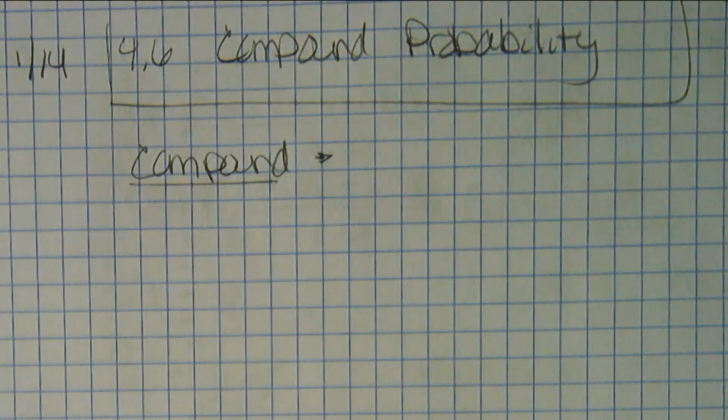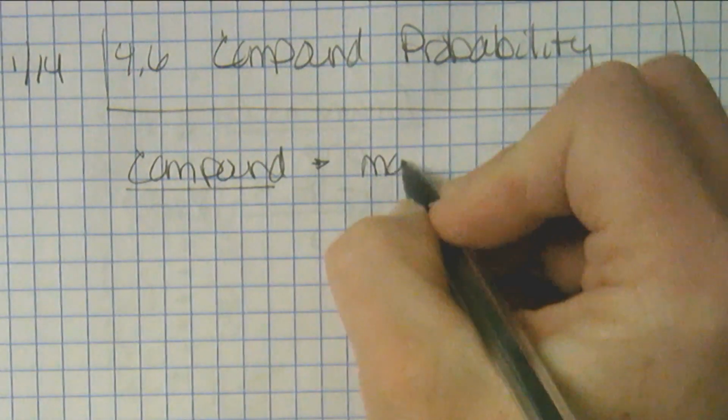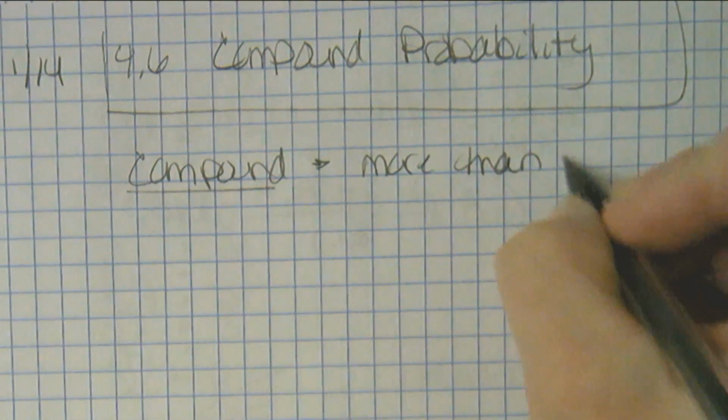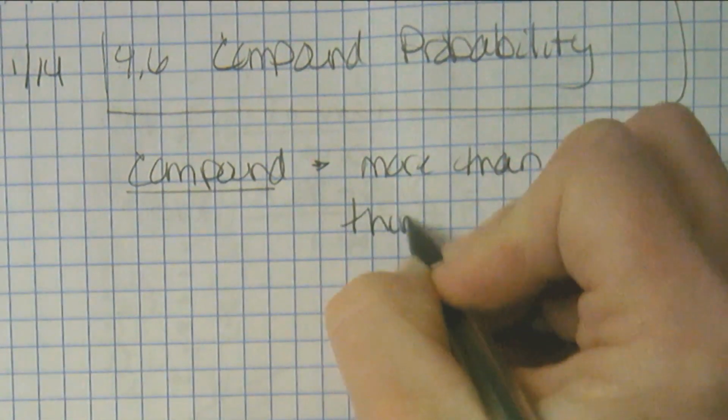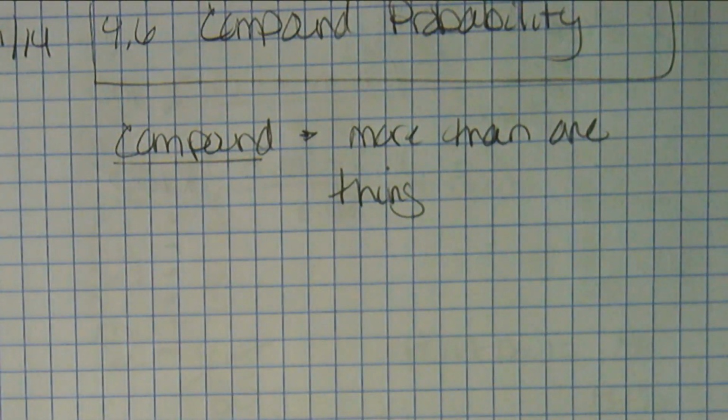We now see it in compound probability. The only commonality is just what the word compound means. Compound means more than one thing. That's all it means, that we're doing more than one thing. In compound inequality, we had more than one inequality that we were solving. Those were the ands and the ors. That's not what we're doing here, but that's what compound meant in that situation.